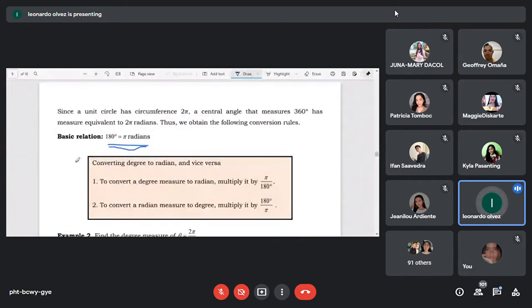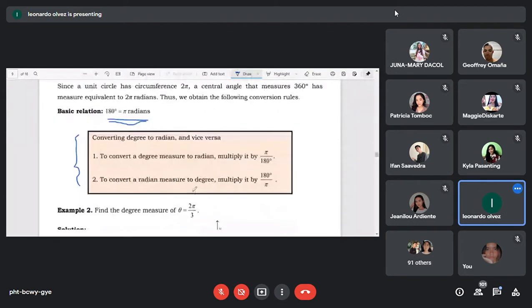If we are going to convert degrees to radians, we multiply by pi over 180 degrees. If we are going to convert radian measure to degrees, we multiply by 180 degrees over pi.